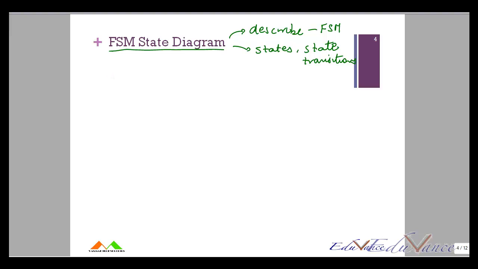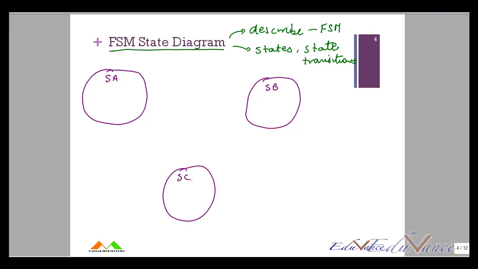Suppose I have a simple FSM of 3 states: state A, state B, state C. So these would be my states. The name that I gave here, SA or state A, is optional. You choose the name. Okay?